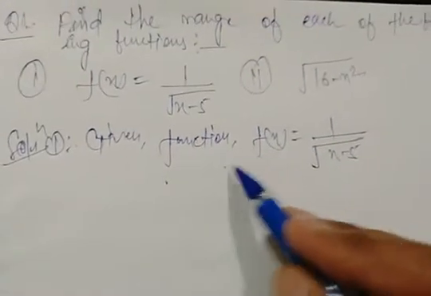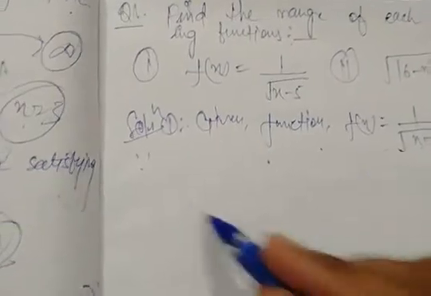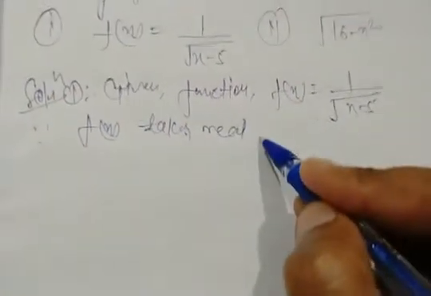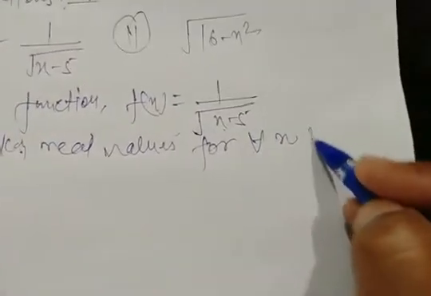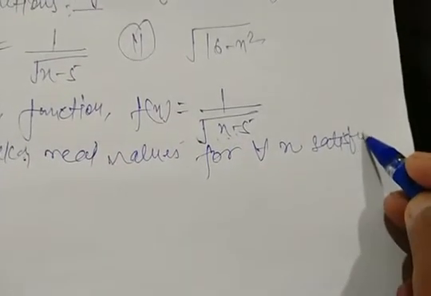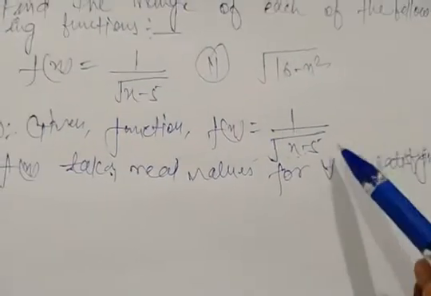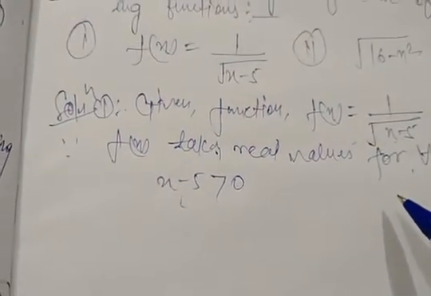Clearly, f of x takes real values for all x satisfying x minus 5 greater than 0.